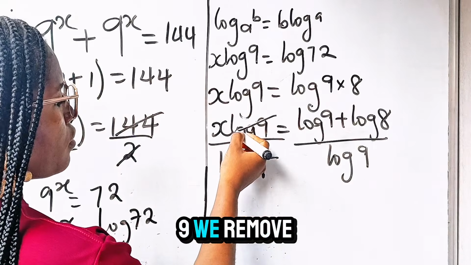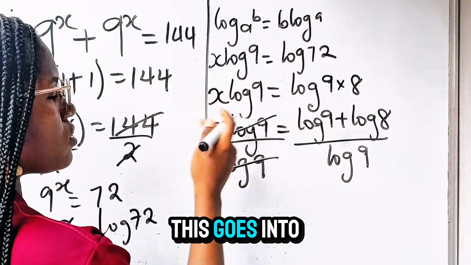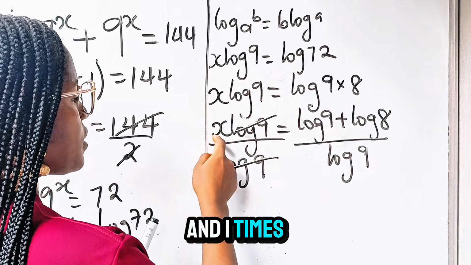Now log 9, we remove this, right? Because this goes into itself 1, and 1 times x is x.